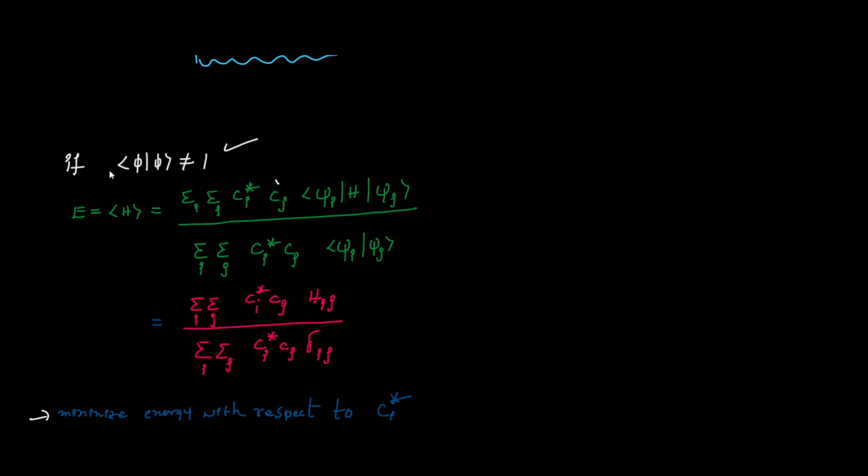How did we get this equation? The expectation value of the system is phi H phi by phi phi. We express this wave function as a linear combination.